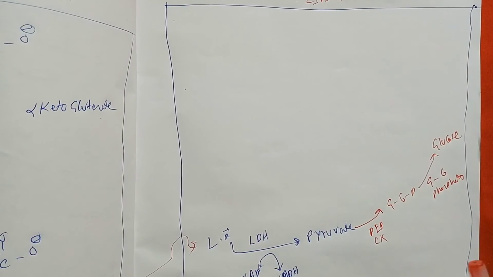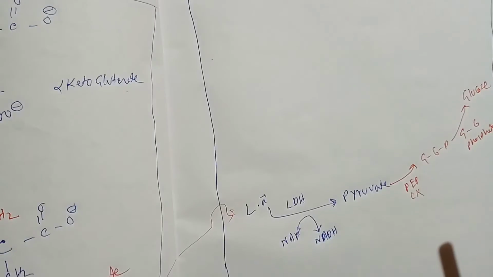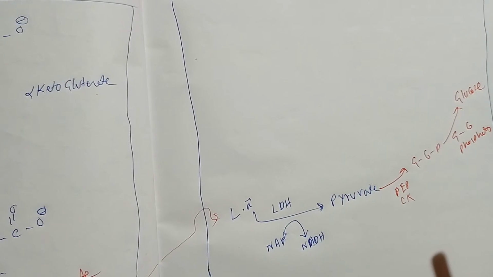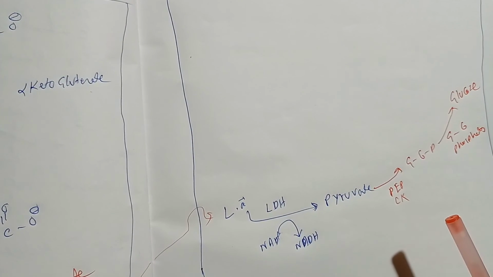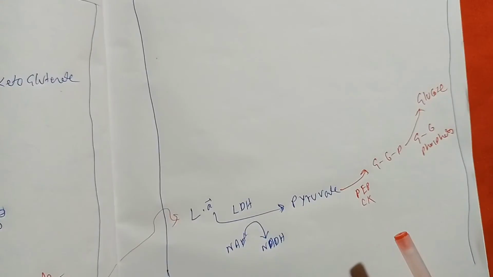This is the process by which we get glucose from non-carbohydrate sources. We can say this is gluconeogenesis, in which we get glucose from non-carbohydrate amino acid sources. Okay, guys.